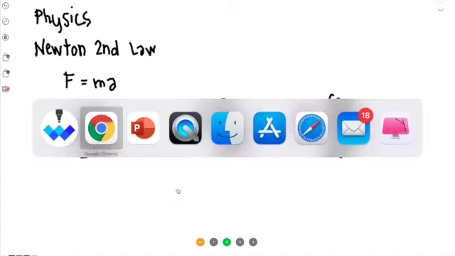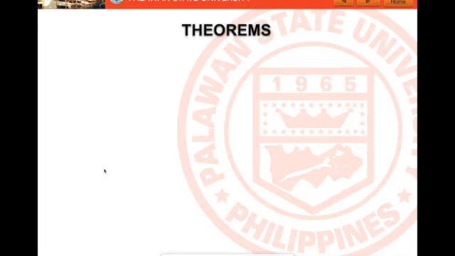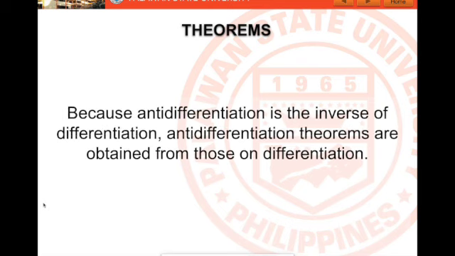Now let's go to the theorems. Because anti-differentiation is the inverse of differentiation, the theorems for anti-differentiation are also obtained from those on differentiation. So we will go back to the theorems we learned there.